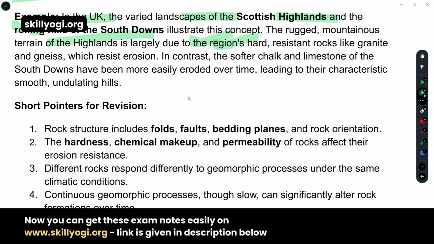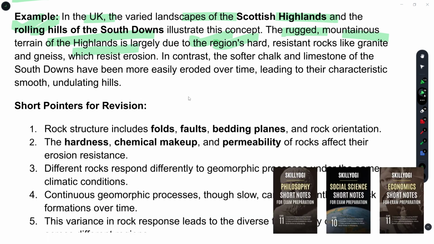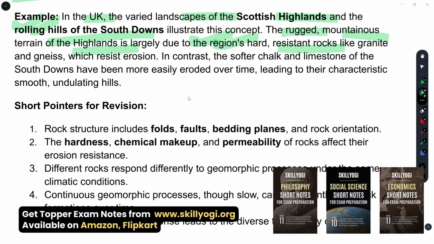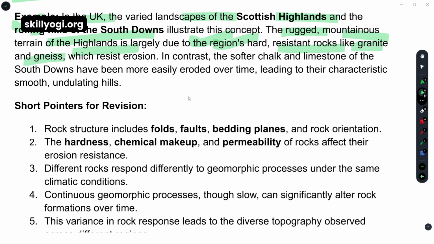What it says is that the rugged topography, or the mountain terrain, of the Highlands is largely due to the region's hard and resistant rock like granite and gneiss. These two rocks are named there, granite and gneiss, which resist erosion. Why? Because granite and gneiss are both igneous rocks, and what we have learned is that igneous rock is very hardy material.